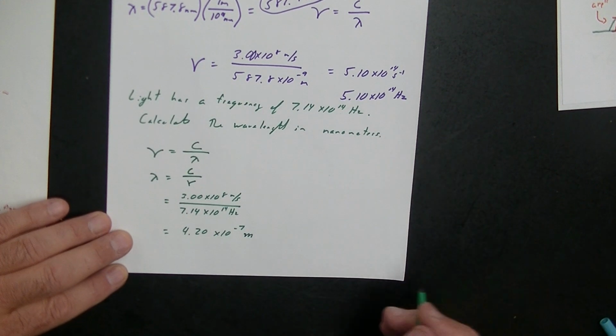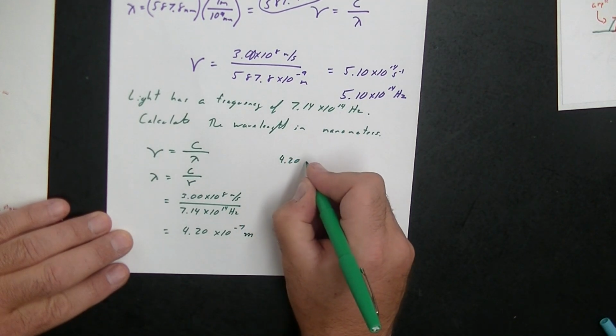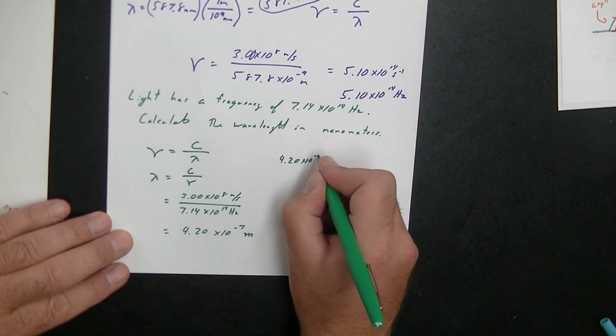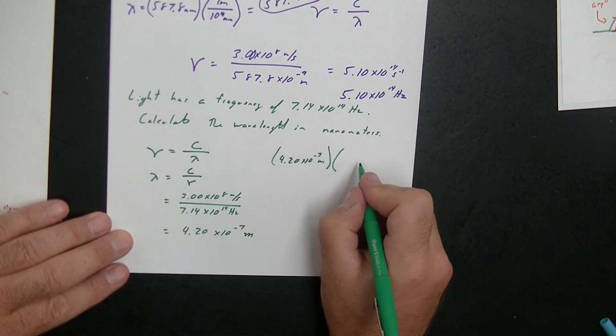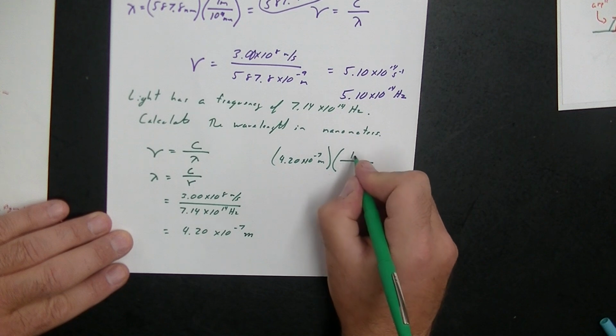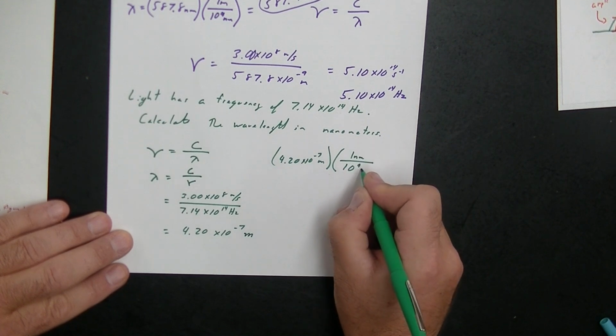It asked for it in nanometers, so I have to convert it. I take 4.20 times 10 to the minus 7th meters. For every 1 nanometer, I have 10 to the minus 9th meters.